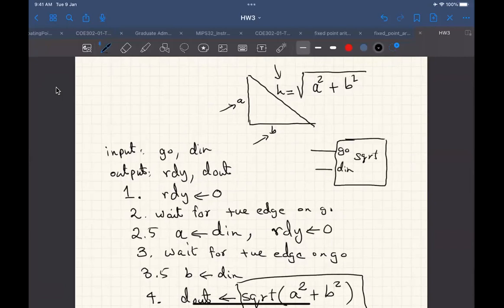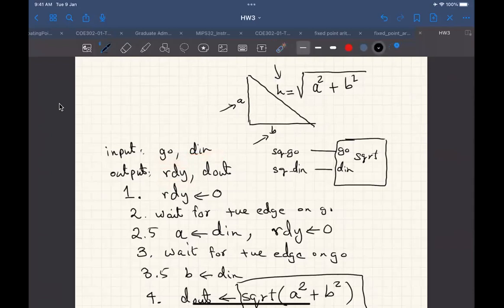From outside, we'll call these signals square root go and square root dn, to distinguish them from go and data in.